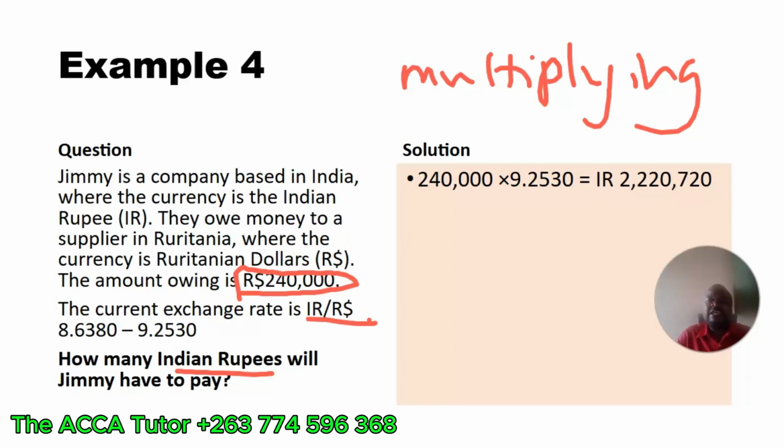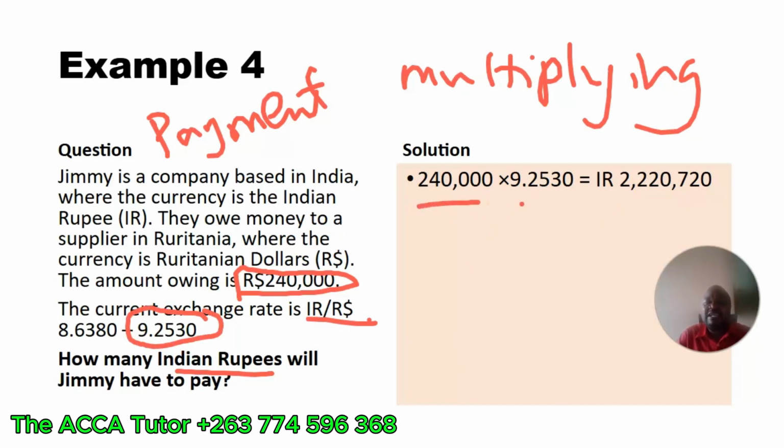If we are multiplying and we are paying, not receiving, this time this is a payment, so we need to pay more rupees. So we are going to pick the higher rate, which is this one. We multiply this amount by the rate, and we get the amount of rupees we have to pay.